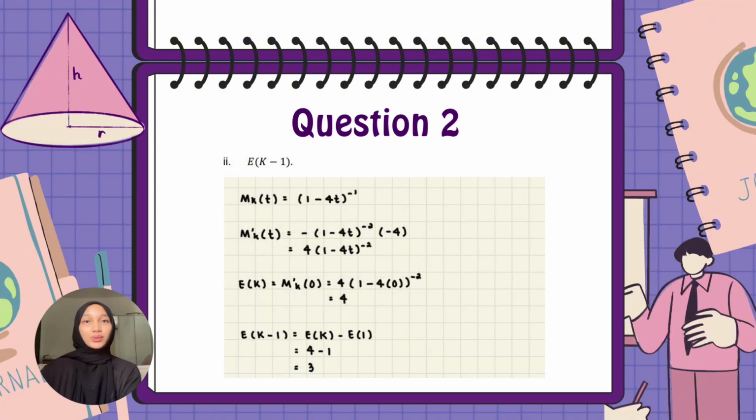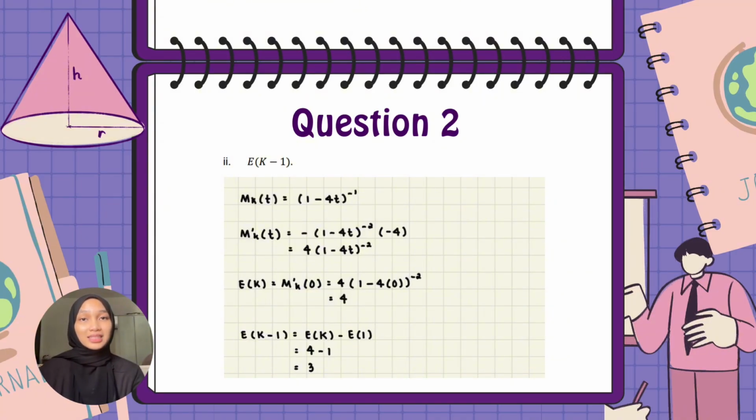For question 2c(ii), find E(K) minus 1. So first of all, we need to find E(K), which is the mean. So find the first derivative of the moment generating function. We get 4(1 - 4t)^(-2). So if we want to find E(K), we need to substitute t with 0.